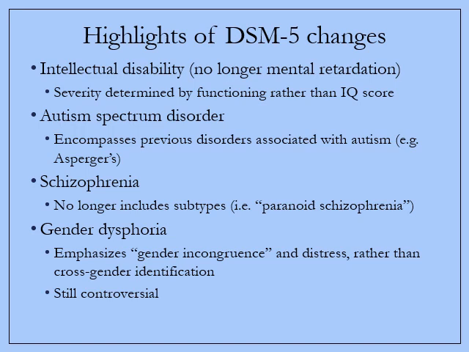One of the changes was that what used to be called mental retardation is now called intellectual disability, in part because of the stigma associated with the term mental retardation. But importantly, severity of intellectual disability is now determined by level of functioning rather than IQ score.